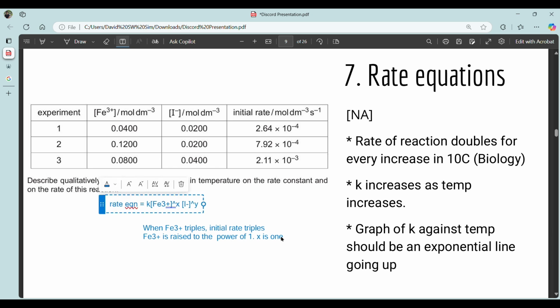Let's say x is 2. When the concentration of Fe3+ triples, the initial rate will increase by 9 times, because 3 squared equals 9. If x is 3, the initial rate will increase by 27 times, because 3 cubed is 27. But x is 1. So when it triples, the initial rate also triples, since 3 to the power of 1 is 3.